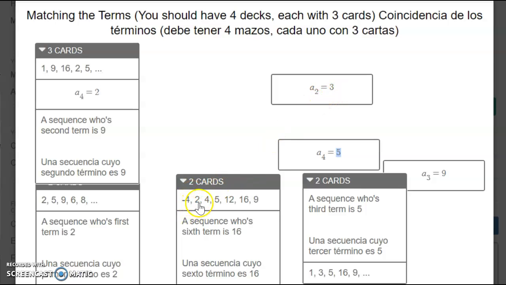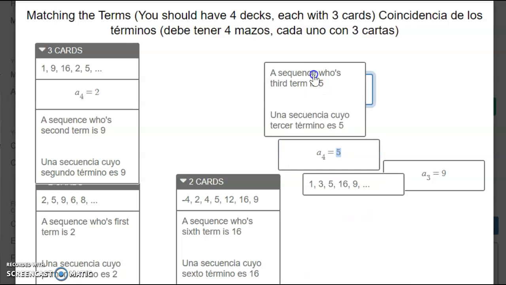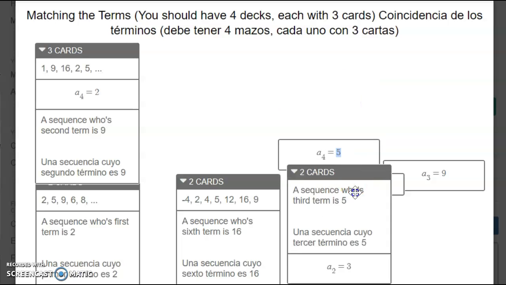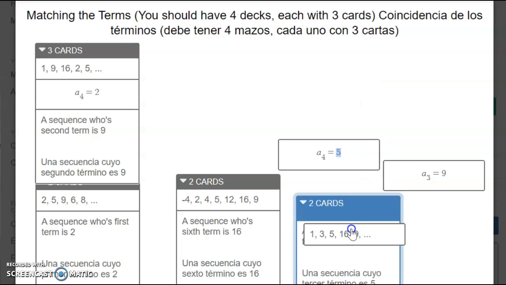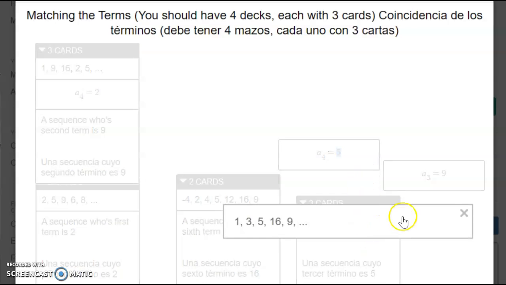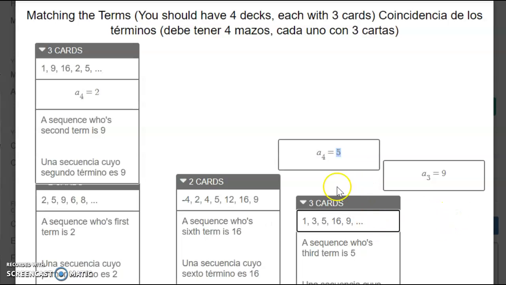Second term is 3. Second term is 3, this one. Okay, so I am going to move you there as well. All right, oops. Okay, and then A of 4, that means the fourth term is 5. Fourth term is 5, that's this.